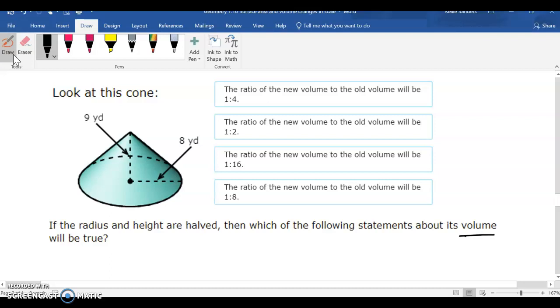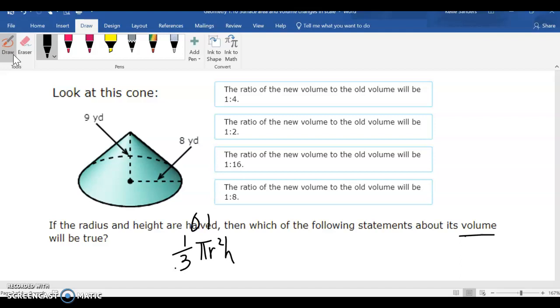Volume of a cone, 1/3 pi r squared times h is old.